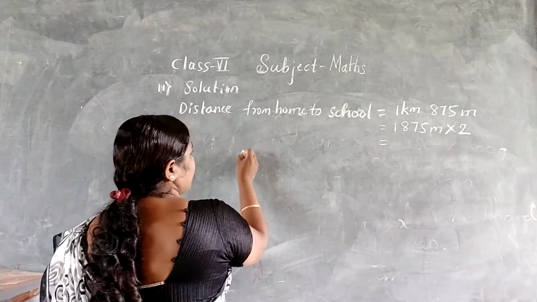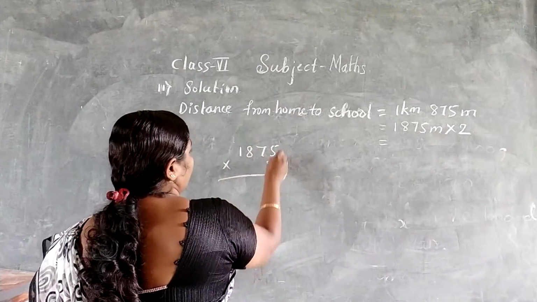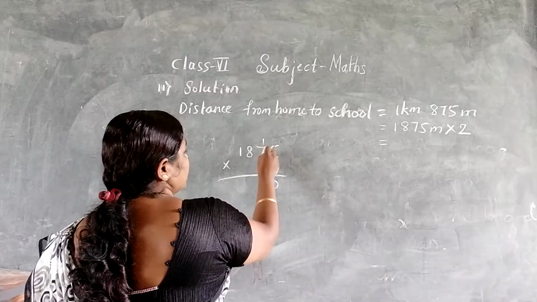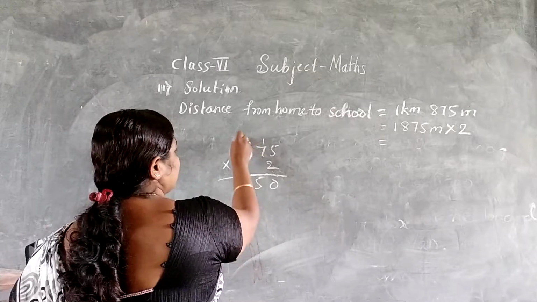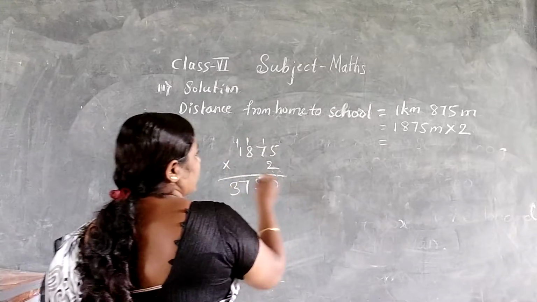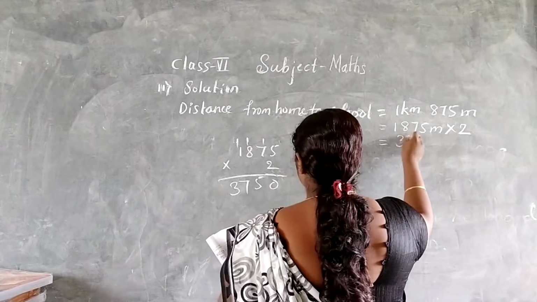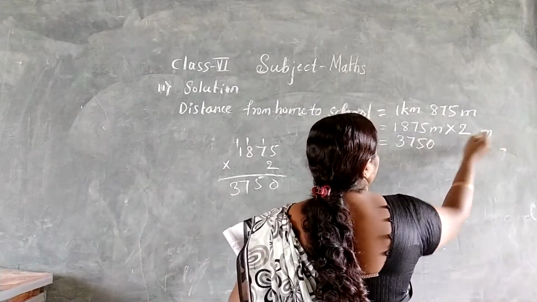How much we will get? Into 2. 5 2s are 10, 7 2s are 14 plus 1 is 15, 8 2s are 16 plus 1 is 17, 2 1s are 2 plus 1 is 3. So the answer is 3750 meter.